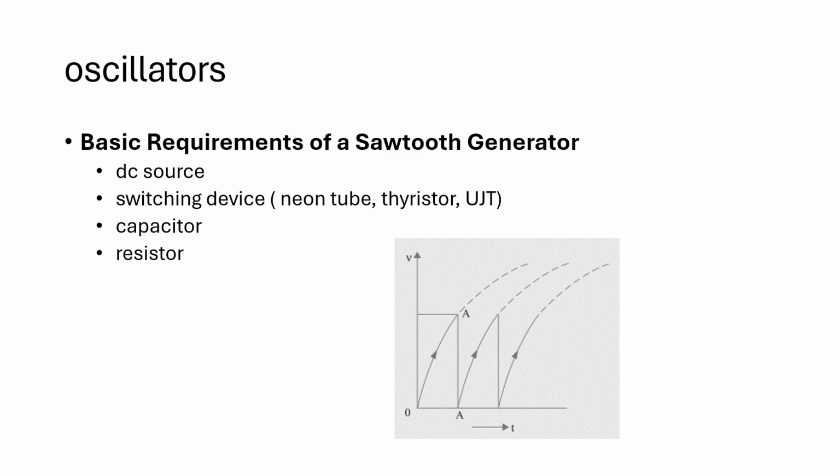So we need a DC source, we need a switching device. Before, the switching devices that could be used were neon tubes or vacuum tubes. However, these are already obsolete. Then we have thyristors and UJT.